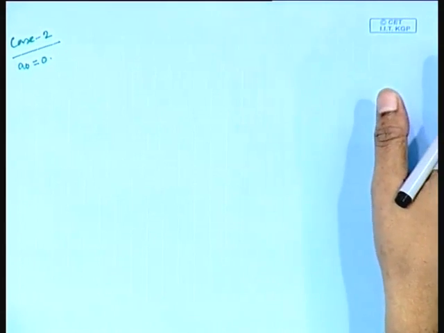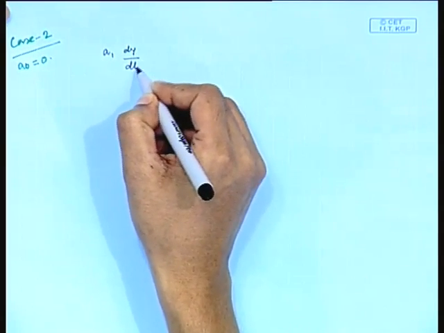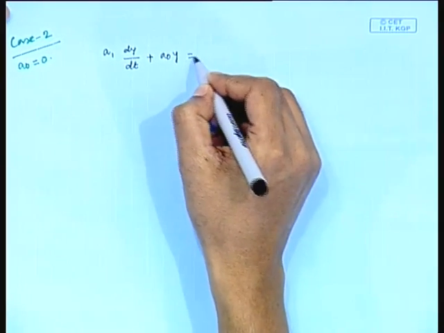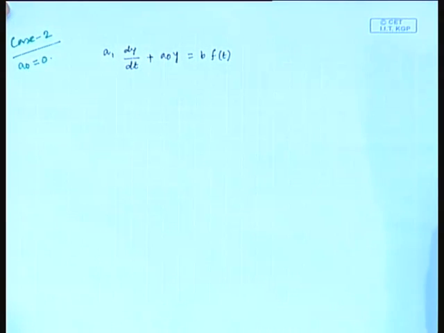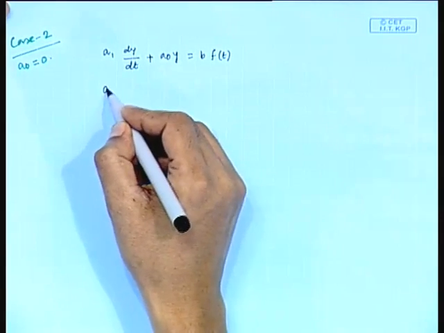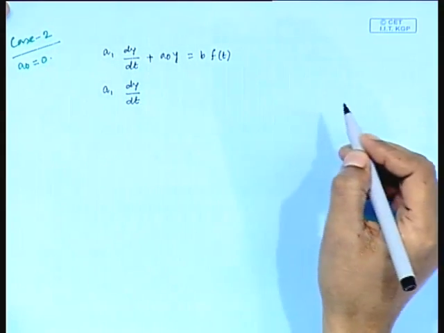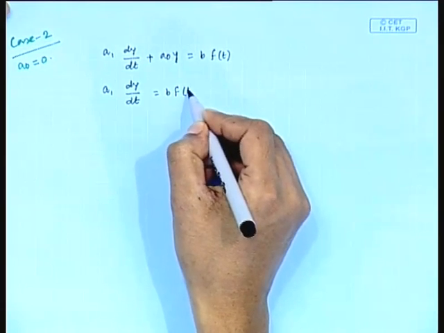Our original equation is A1 dy dt plus A naught y equal to B f t. This is the original equation. Now, if we consider A naught equal to 0, then this becomes A1 dy dt equal to B f t.